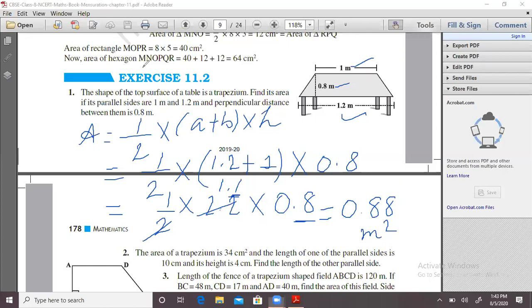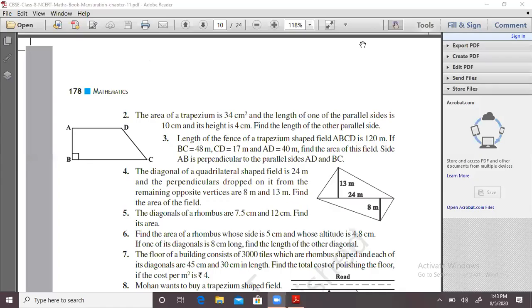Let's move to the next question. Question number 2 is, the area of a trapezium is 34 centimeter square and the length of one of the parallel sides is 10 centimeter and its height is 4 centimeter. Here you have given this figure of the trapezium where area is already given here.